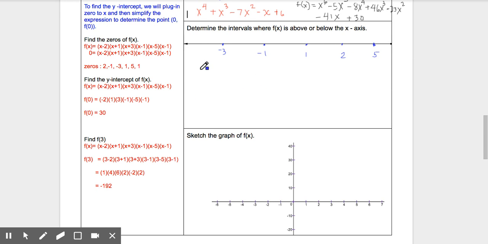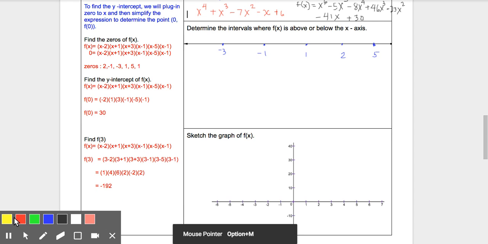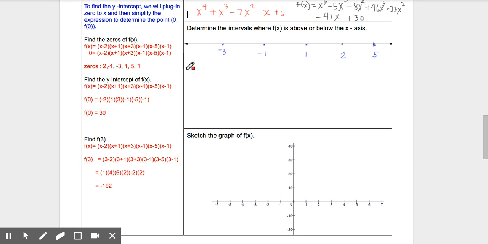So what we want to do is to find out what is the sign of the function f of x in each of these intervals. So to do that, we want to select a value for x that we are going to plug in. In this section of the number line, we will see -4, -5, -6, and so forth.